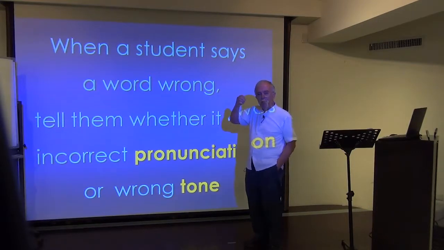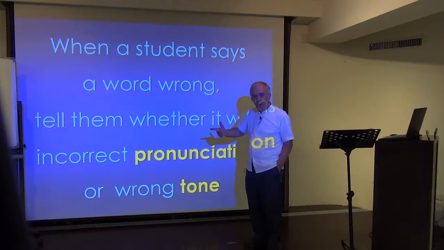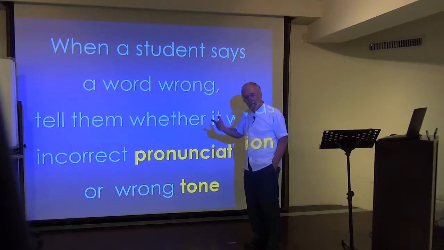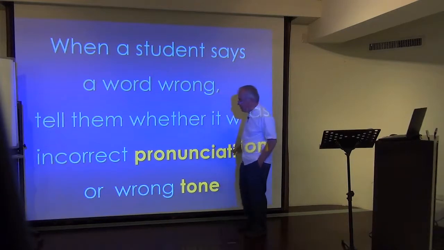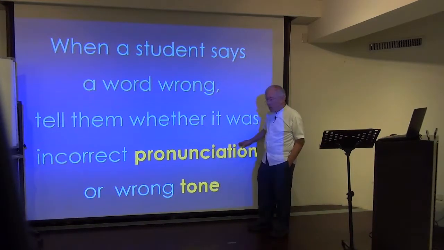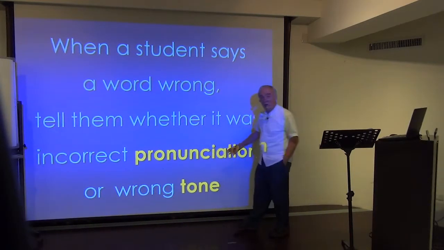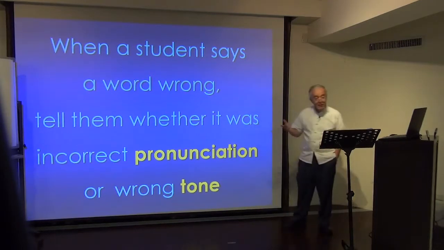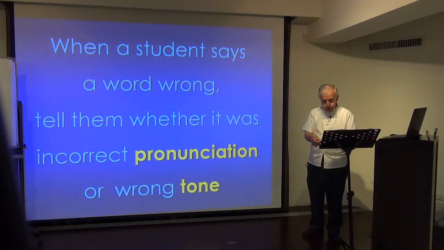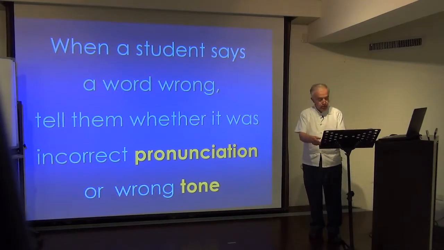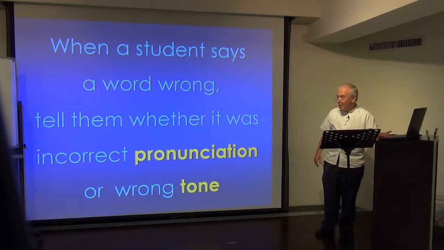And so when a student says something wrong, the teacher says, you got that word wrong. But the student needs to know, was it the pronunciation that I got wrong, or was it that I got the wrong tone and I need to correct that? So do tell your students whether it was the incorrect sound or the incorrect tone.